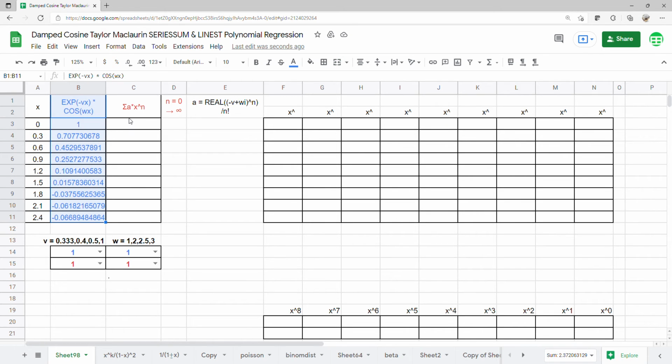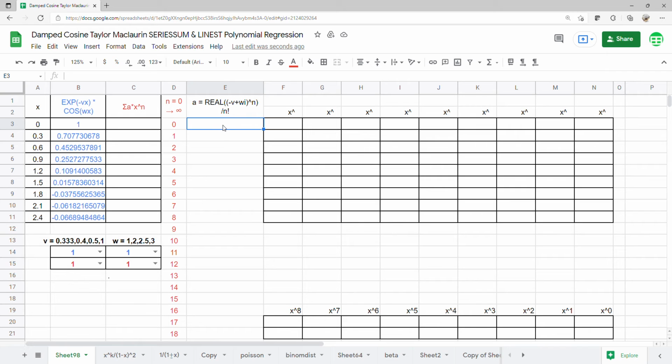We continue with the Taylor series expansion, which is the summation of a times x to the power n, where the value of n is from 0 to infinity. 18 is good enough. And the value of a, the coefficient a, is the real part of the minus v times wi raised to the power n over n factorial.